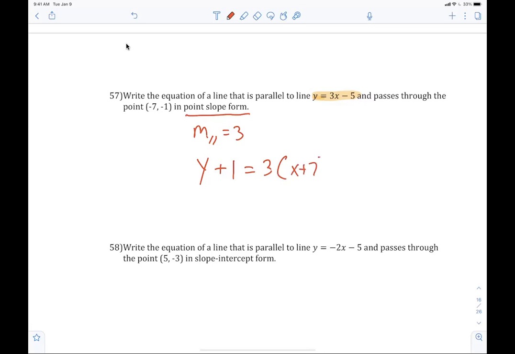Right, that's the answer. That's how simple. But super important on all SATs, all ACTs. You have to know parallels, perpendiculars, writing equations.